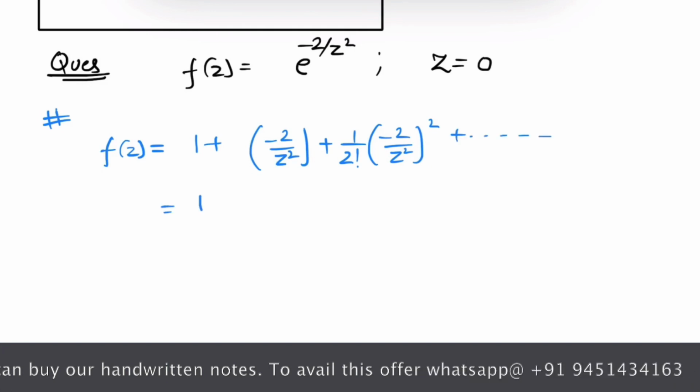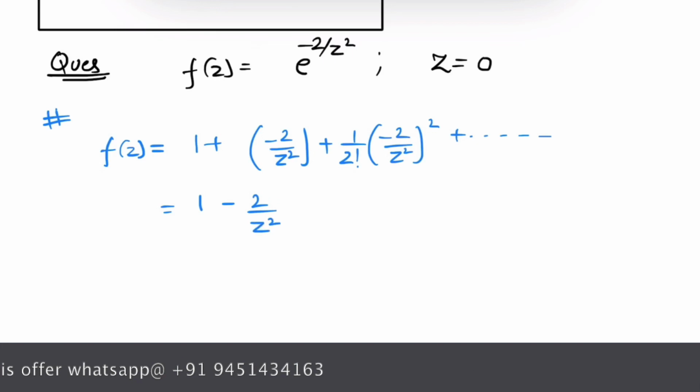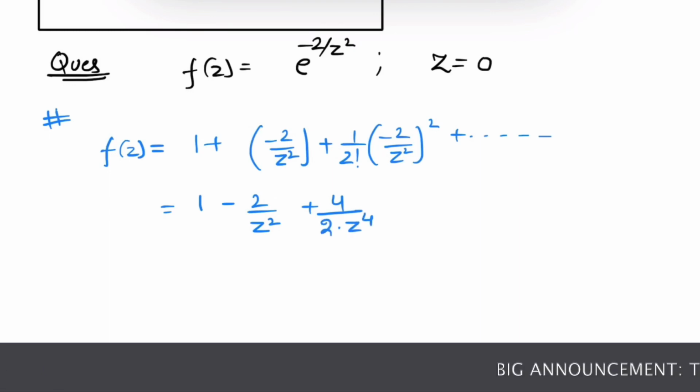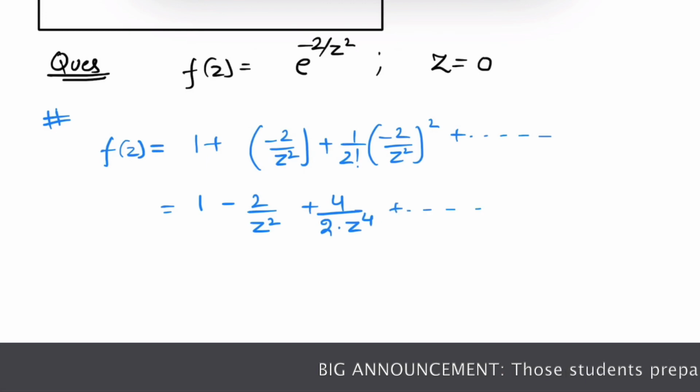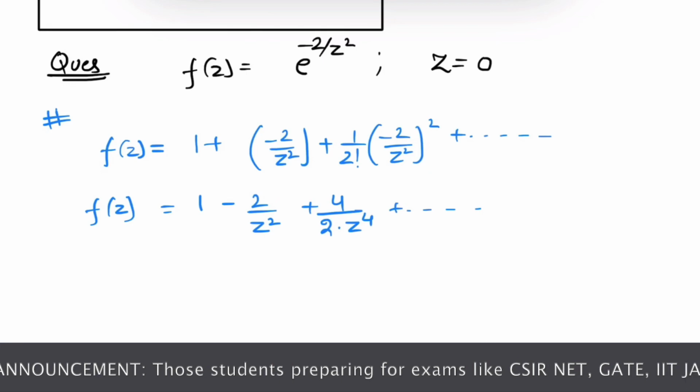Simplifying, we will have 1 minus 2 over z square minus, 2 square will be 4 over factorial 2 is 2, into z raised to power 4. So we have the expansion of function f of z.